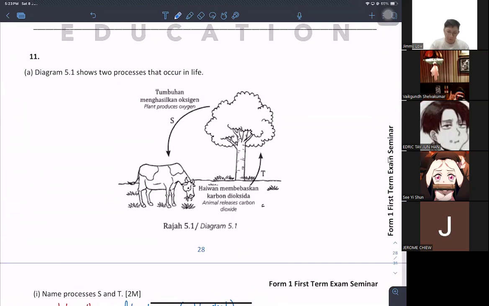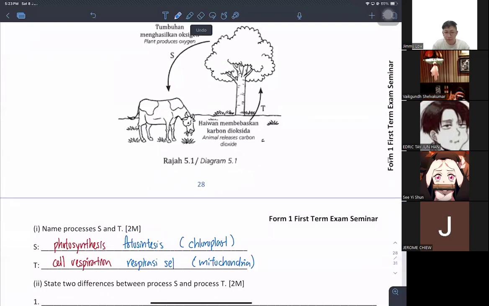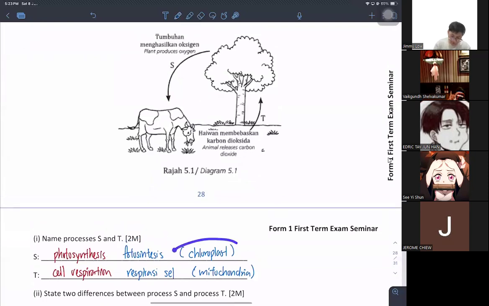Why? Because somehow a lot of people get confused. Plants produce oxygen. What is the process? Photosynthesis it is. It happens in the chloroplast. For the animal, you're going to release carbon dioxide.